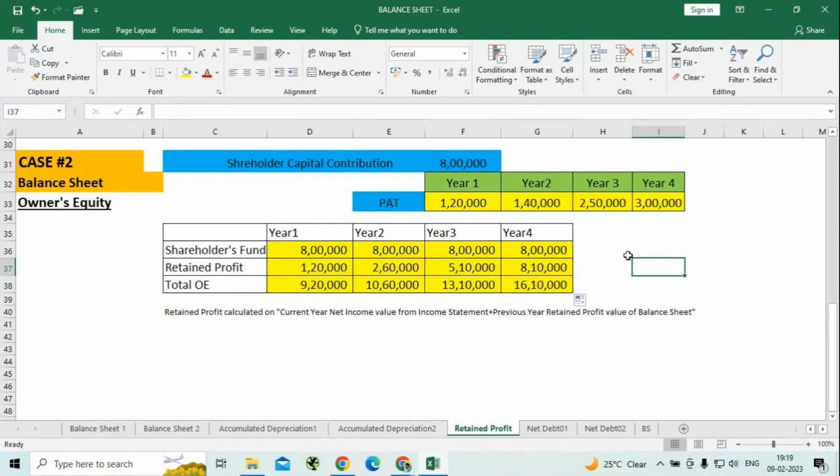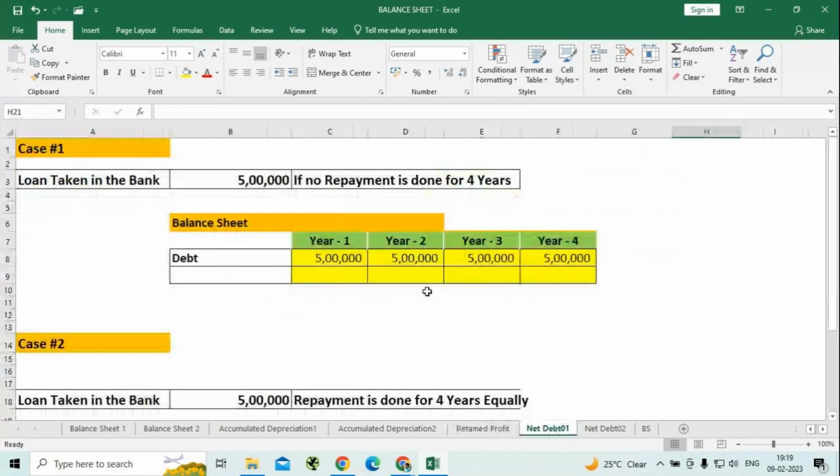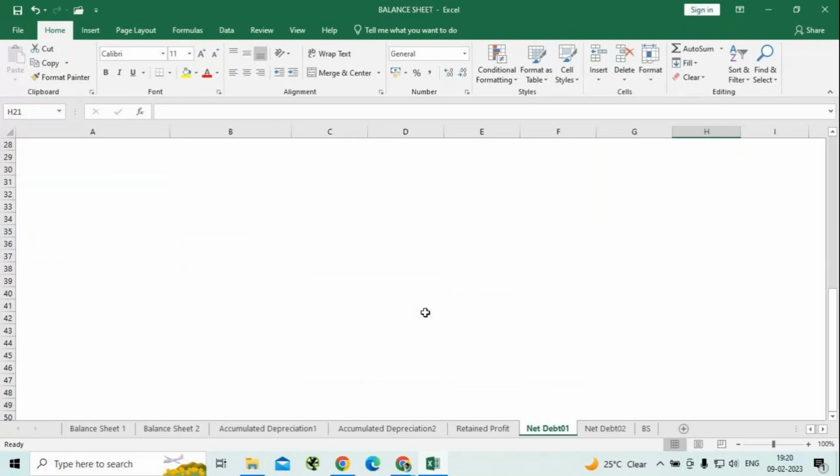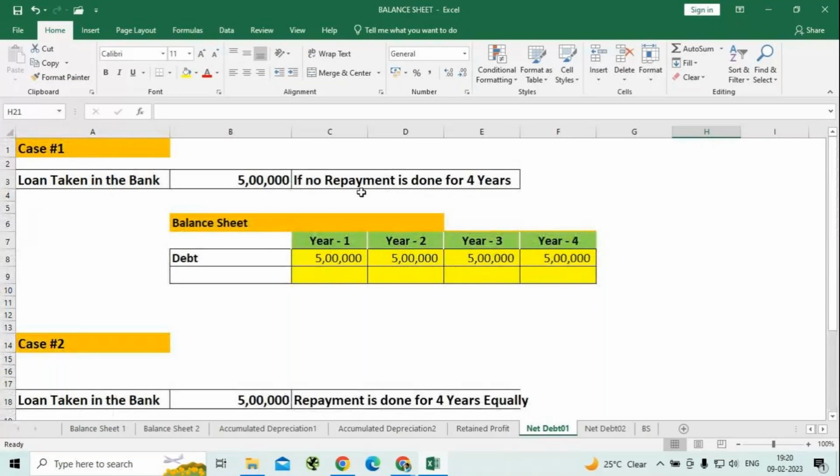By using all these values, we are going to prepare the balance sheet. In the previous to previous class, we saw how to prepare the debt schedules.